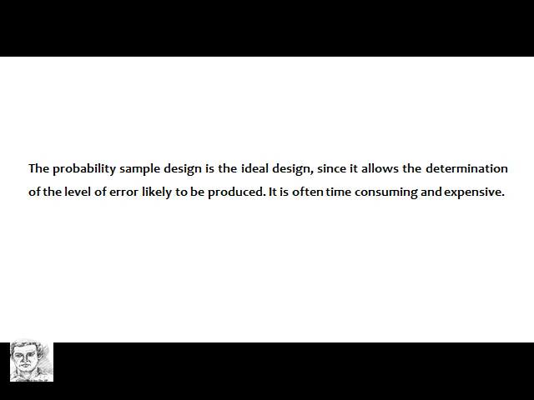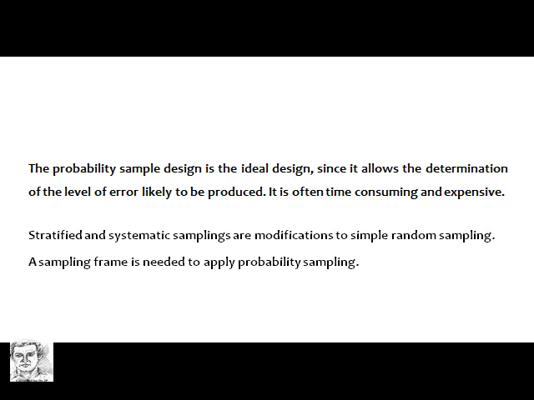The probability sample design is the ideal design, since it allows the determination of the level of error likely to be produced. It is often time-consuming and expensive. Stratified and systematic samplings are modifications to simple random sampling. A sampling frame is needed to apply probability sampling.